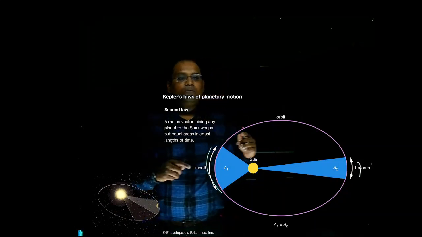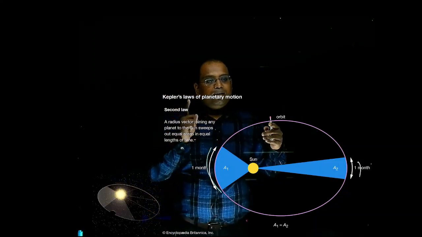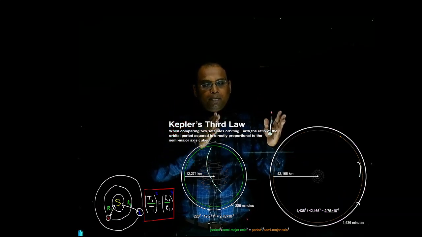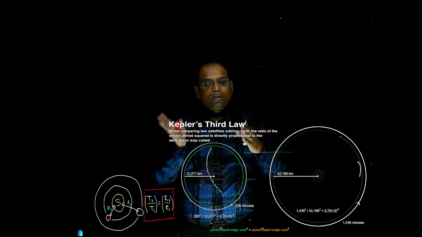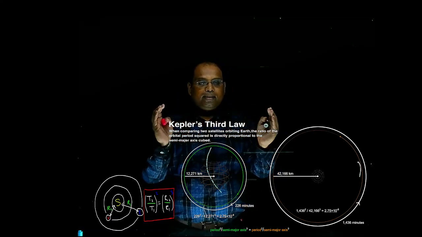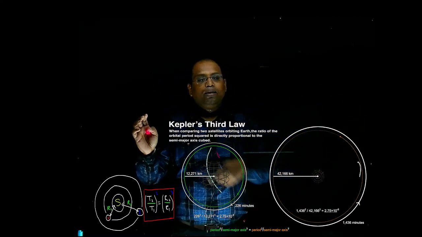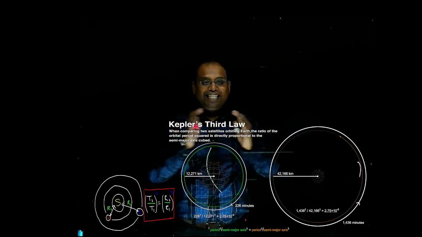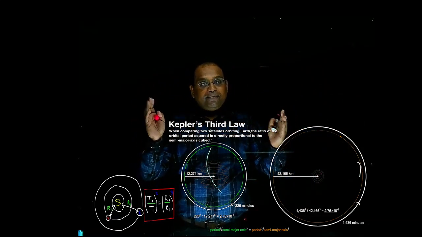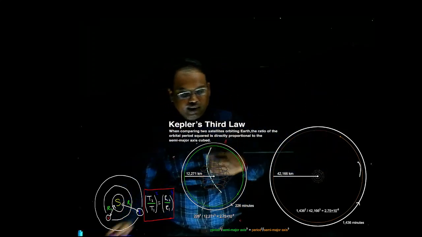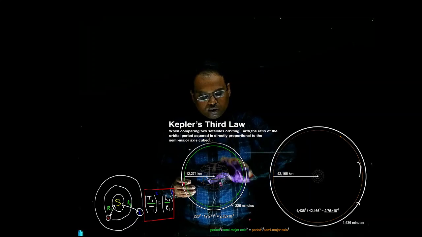Next we will see Kepler's third law, the third principle of Kepler, in which the logic is: if the radius, the dimension in which the satellite moves around the planet, increases, definitely the time period will also change. How does this logic work?